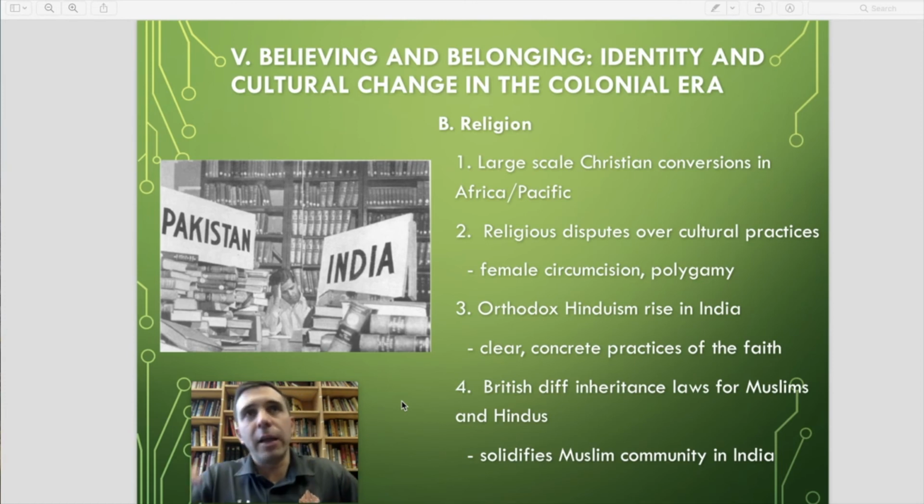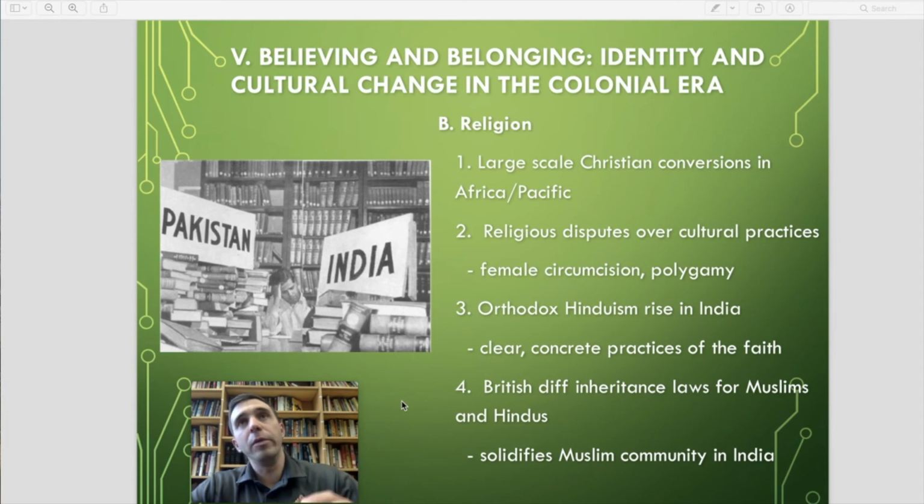But what a lot of Hindus want is to really try to codify more of what their religion actually is, what the clear, concrete practices of their faith are. And a lot of that is done in response because they're having to form together more as Hindus instead of doing it more locally as they had done previously before the British get involved.